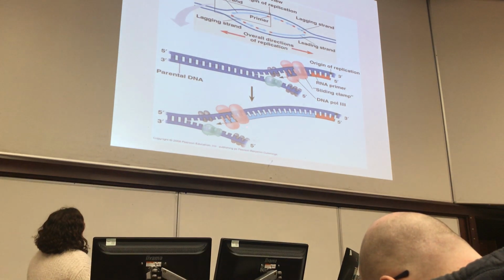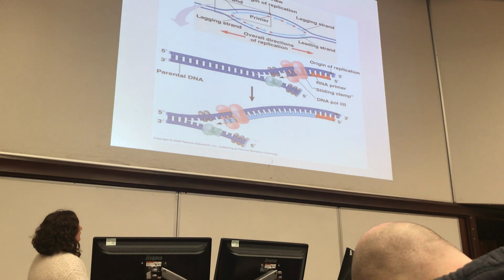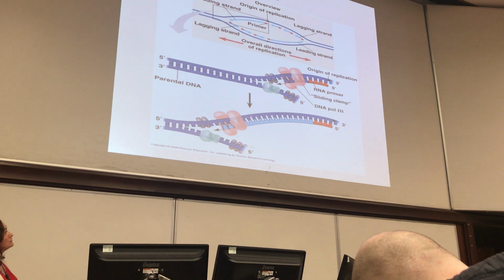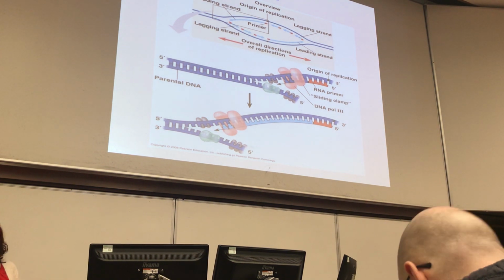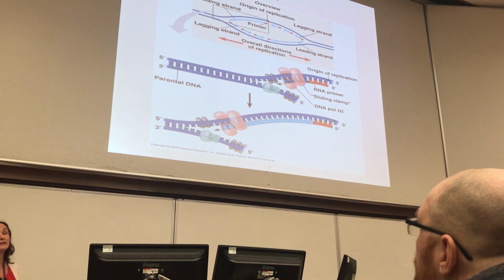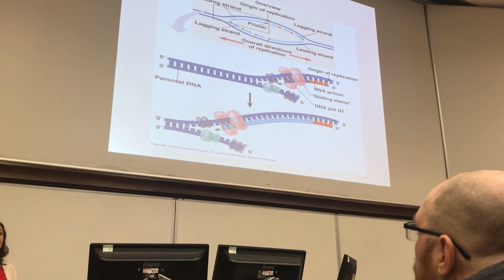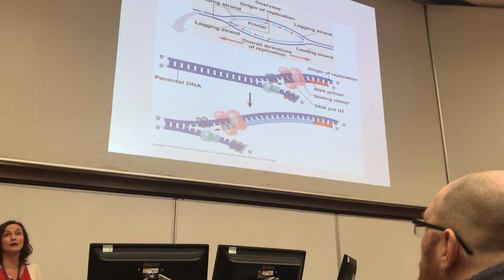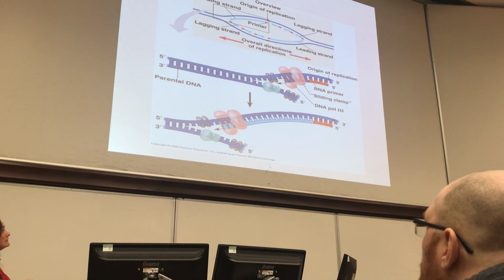As helicase keeps unwinding the DNA double strand, DNA polymerase can just come along and keep inserting new nucleotides as a new template is being exposed. It only requires one RNA primer as well, and then it's synthesized in a continuous fashion.